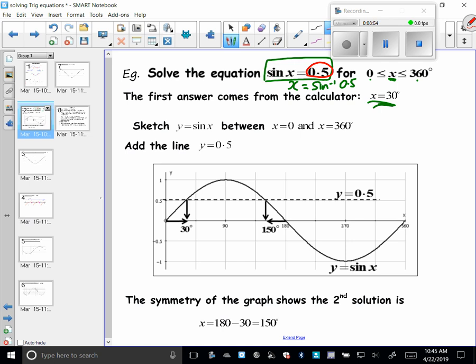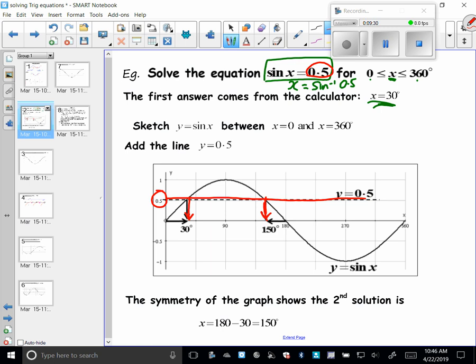So we find 0.5 on the y-axis and draw a horizontal line. That horizontal line at 0.5 has hit our sine graph how many times? Twice. So we're going to have to give them 2 answers. One of them is here, and the other is here.